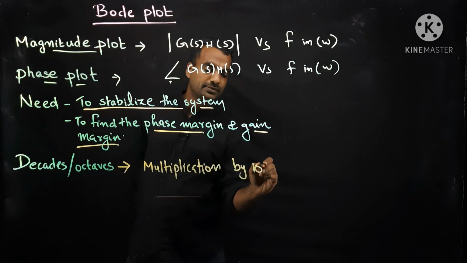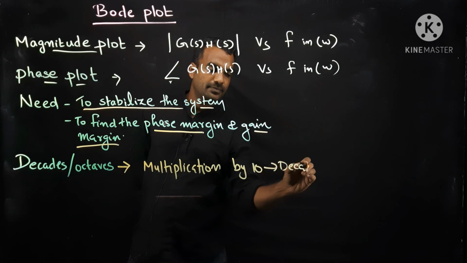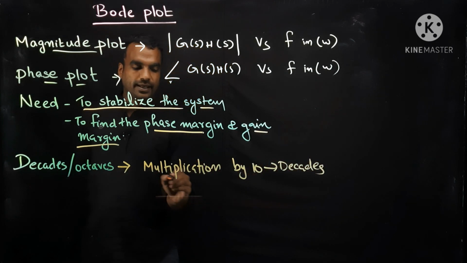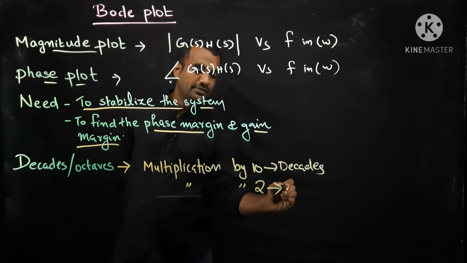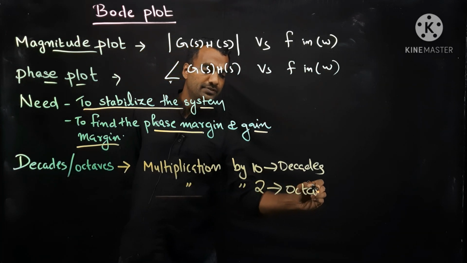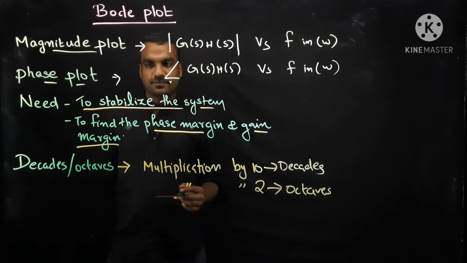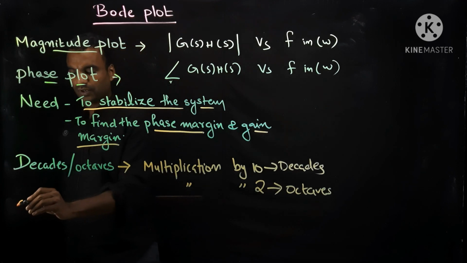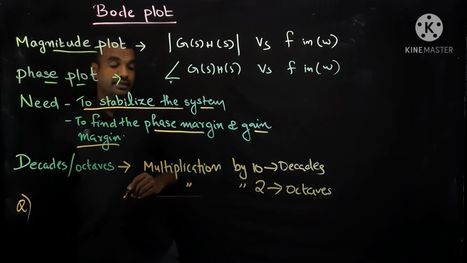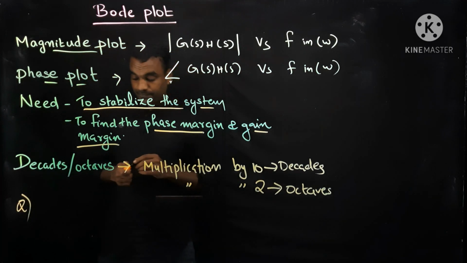Multiplication by 10 is known as a decade, and multiplication by a factor of 2 is known as an octave. We will do a small sample problem to understand the concept of decades and octaves.